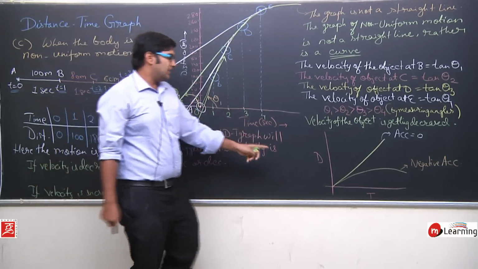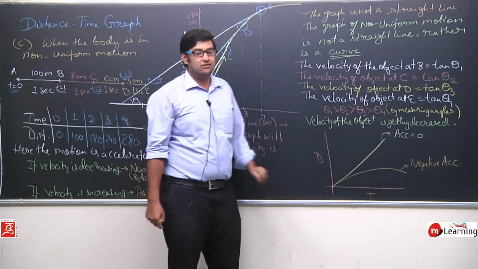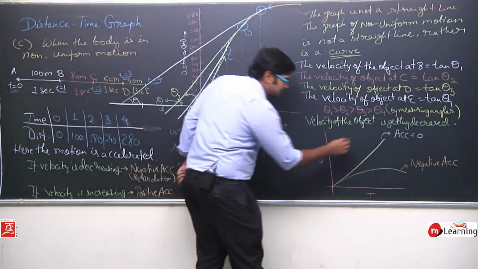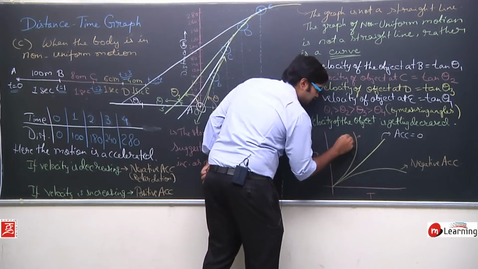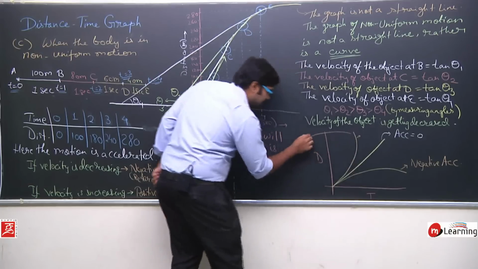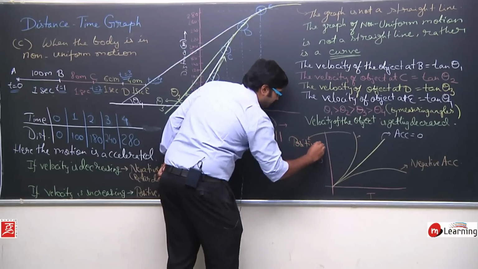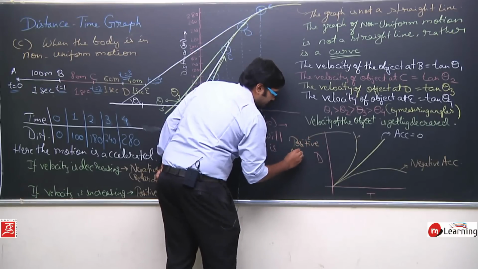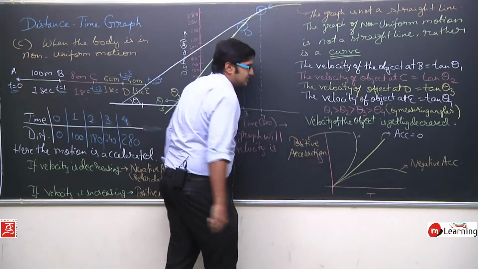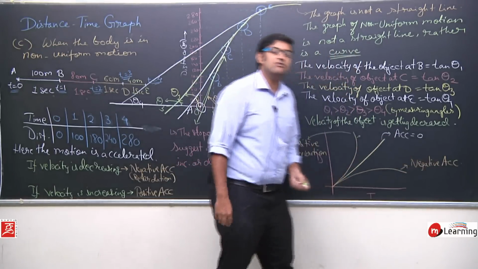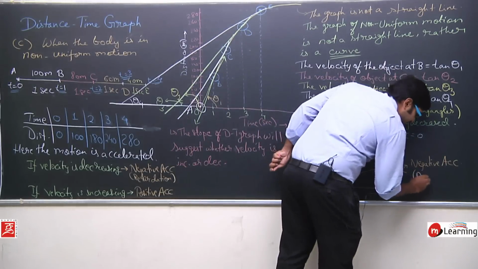So whenever you find a curve like this, we can say there is a negative acceleration. And when there is a curve like this, we call this positive acceleration. We call this acceleration positive acceleration, and this is the negative acceleration, or we call this retardation.